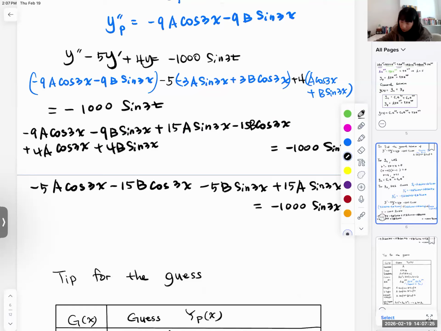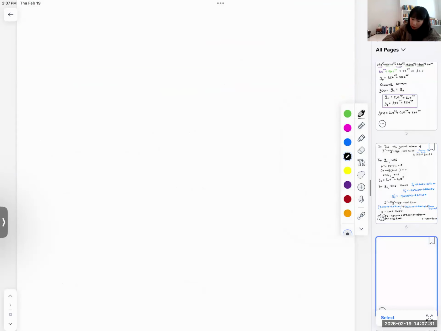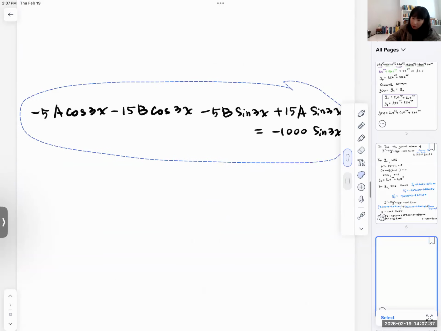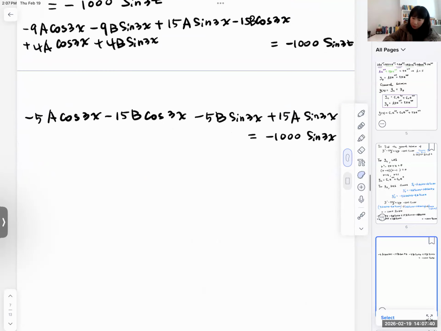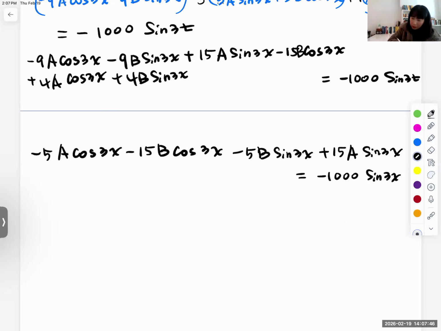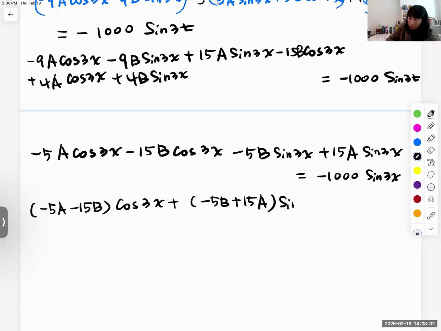Okay, so let me add the page here. So that would be negative 5a minus 15b cosine 3x plus negative 5b plus 15a sine 3x equal to negative 1000 sine 3x.